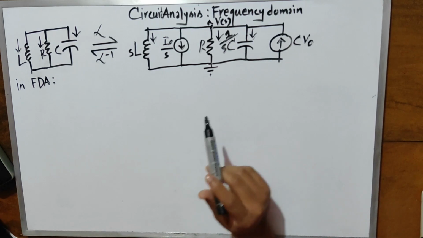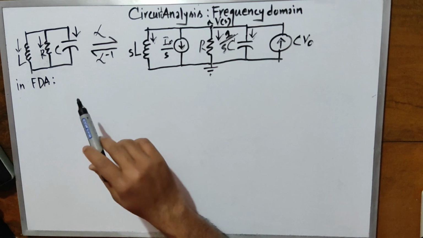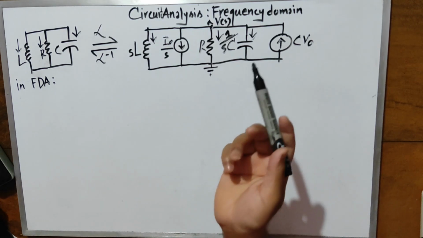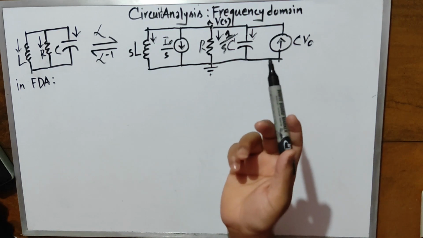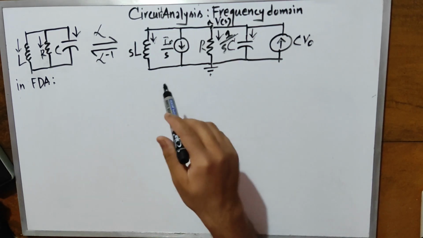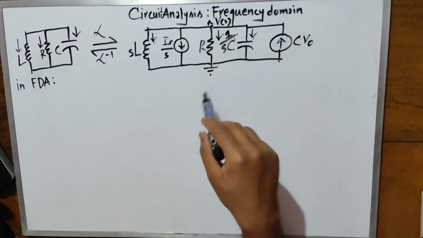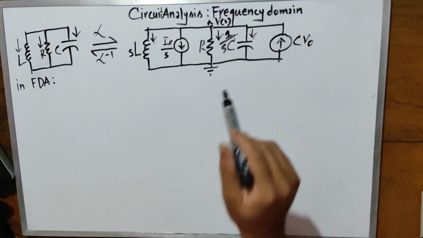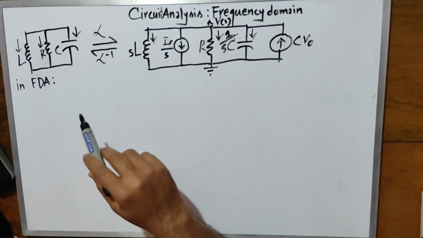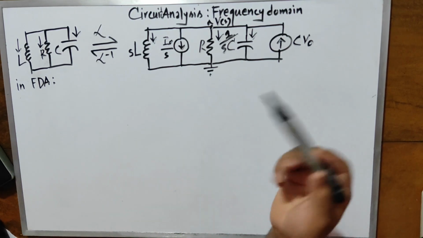In time domain, this RLC circuit generated a second order linear differential equation with constant coefficients. Now after the Laplace transform in complex frequency domain, this transformed circuit of the parallel RLC circuit will generate an algebraic equation.